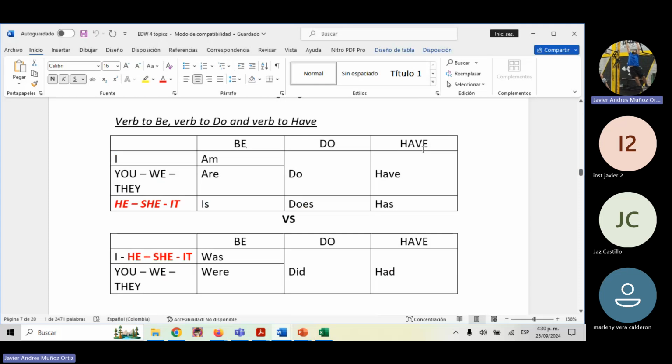So this is something about simple present tense. In past, these three verbs are also the most important verbs in English and also in Spanish and Italian too, because they are going to be auxiliary verbs at the same time. They are not going to be just the main verbs, but also auxiliary verbs depending on the context.